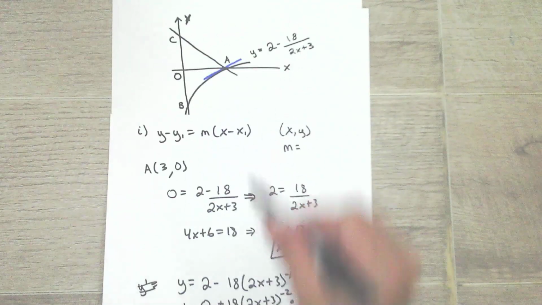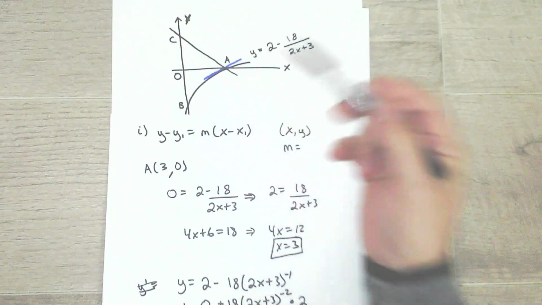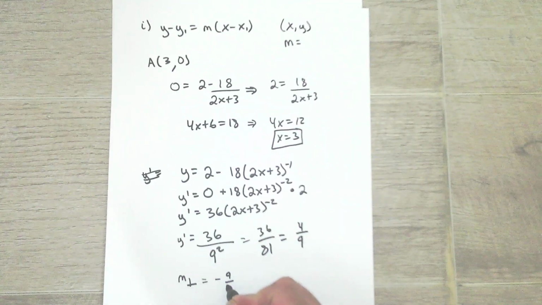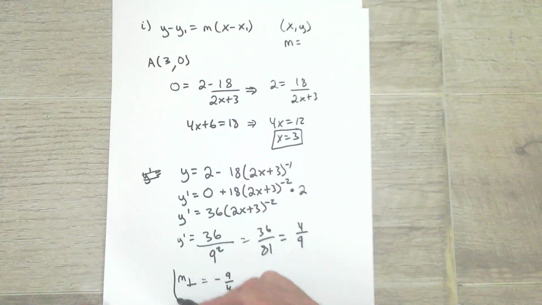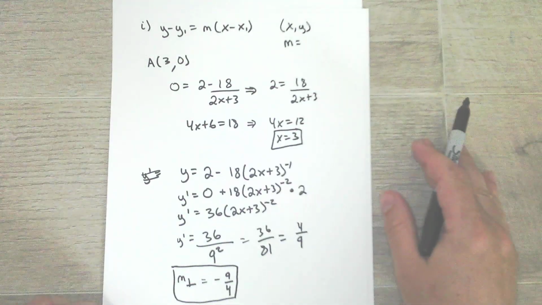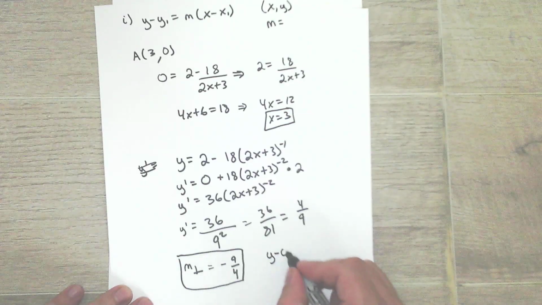Because we don't want the slope of the tangent, we want the slope of the one going through it, the normal. That's opposite inverse. So that's negative 9 over 4. So now I have the slope for AC and a point for AC. So now I can simply do y minus 0.